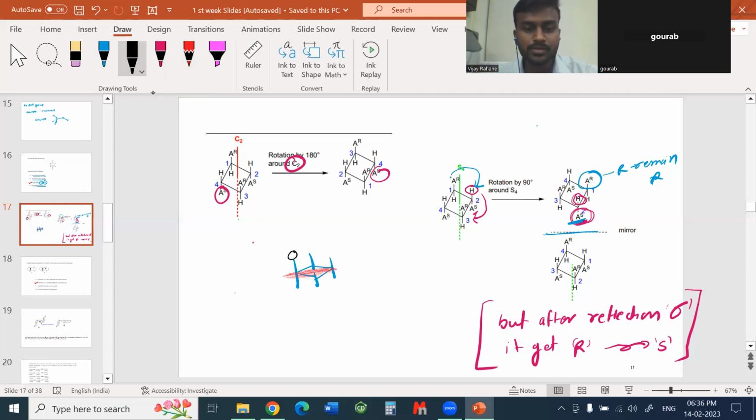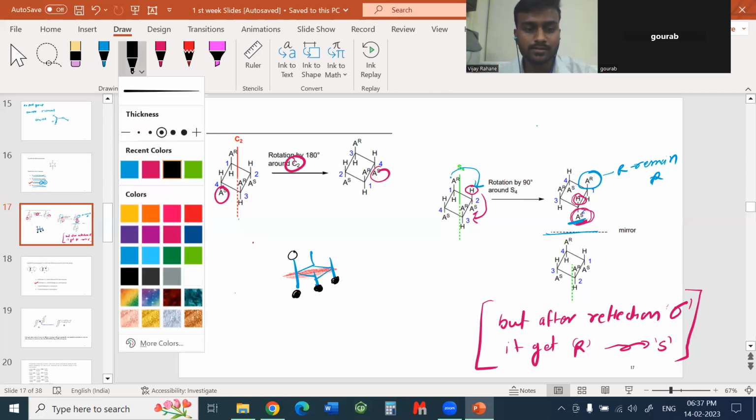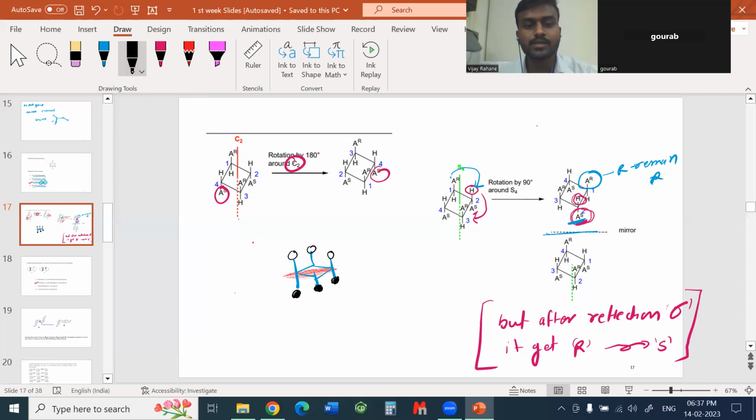The upper group goes down and the lower group goes to the upper side, right?